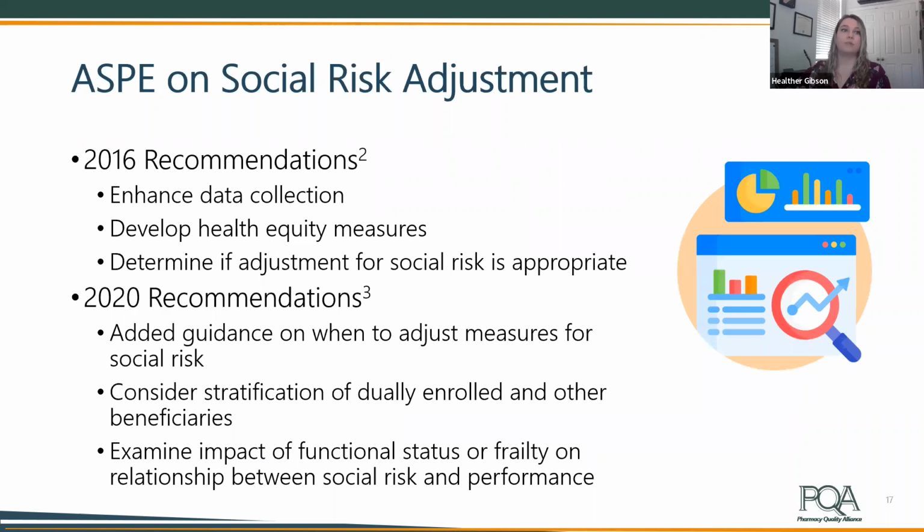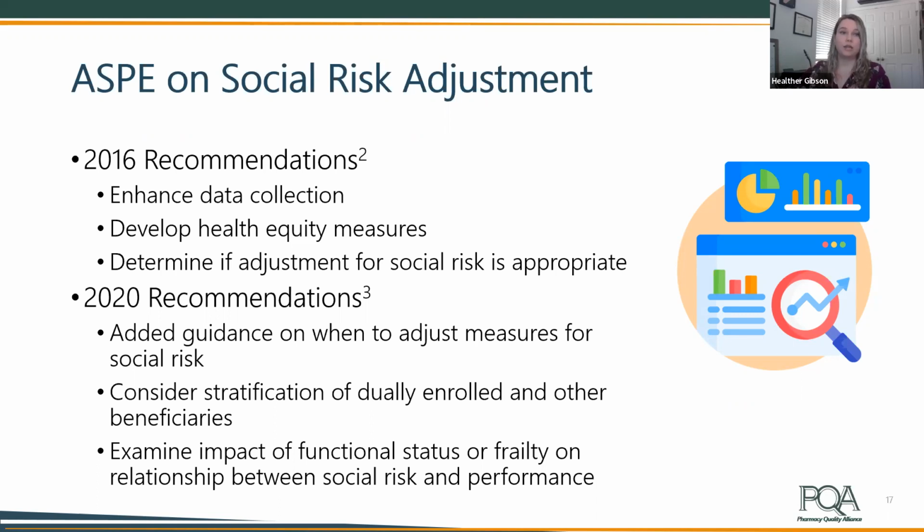As far as overall recommendations from ASPE, in 2016, they recommended enhanced data collection to improve the usability and accuracy of social risk factors. They recommended the development of health equity measures in order to address gaps within equity. They also addressed the need for further research to determine whether social risk adjustment was appropriate within quality measurement.